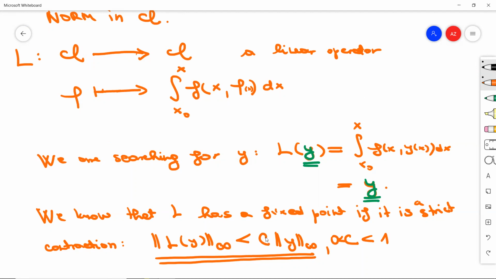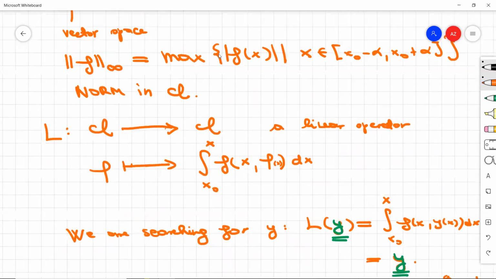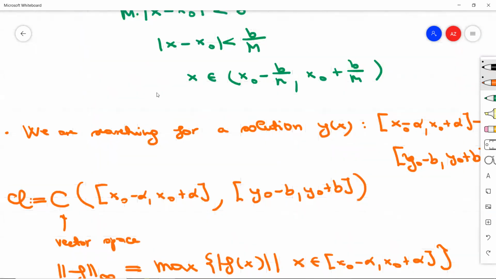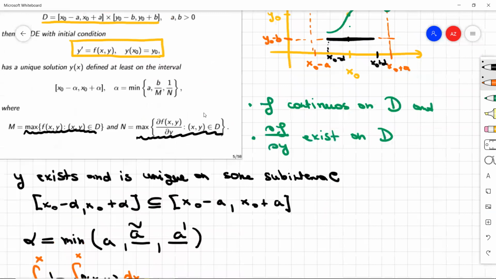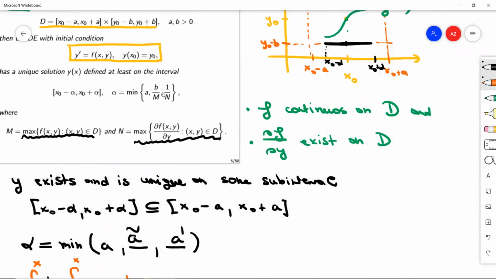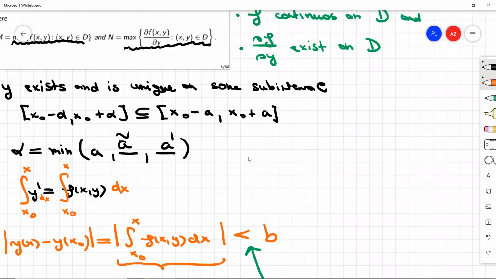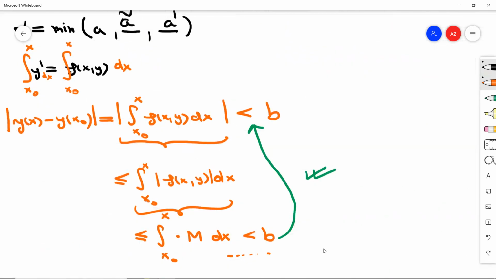And from this condition, one obtains the third bound. So this C, this contraction constant, is connected with this third bound. So if we take for alpha 1 over the supremum norm of the derivative of f with respect to y, then this will be an appropriate constant C for the operator L to be a contraction.